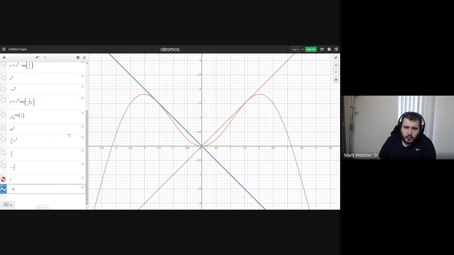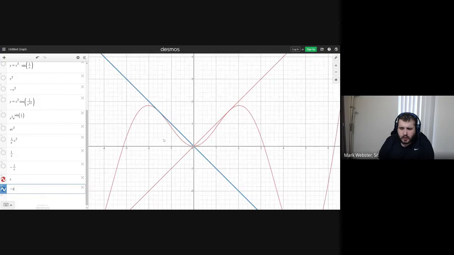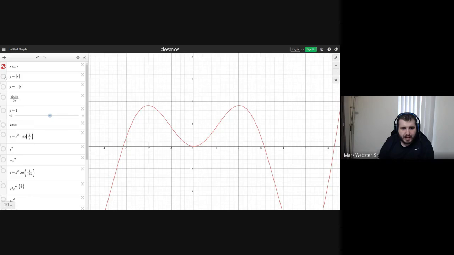And what someone realized is, wait a minute, hold on. Doesn't this just look like the absolute value, right? The absolute value is a V, and it's like this top part and this bottom part. So instead of doing x and negative x, let's do absolute value of x. That way the top part stays on top. And negative absolute value of x.